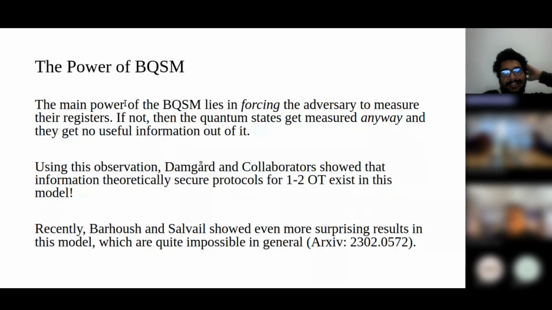Now, as I pointed out, the main power of this BQSM lies in forcing the adversary to measure the registers, because otherwise the adversary can essentially store whatever quantum states they have forever, right? And the adversary, remember, is watching the communication between Alice and Bob.